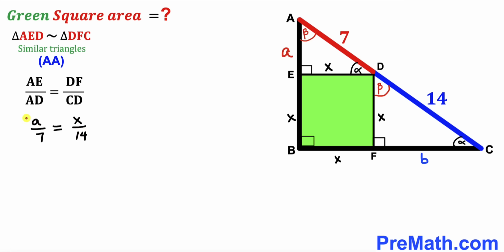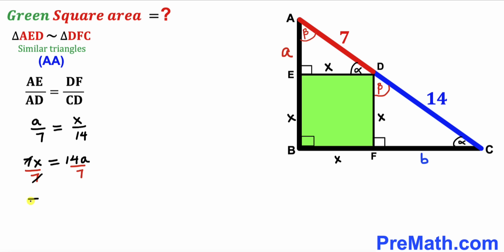Now I am going to cross multiply. So we get 7 times x equals 14 times a. Now I am going to divide both sides by 7 to isolate x. Here we can see 7 and 7 are gone.